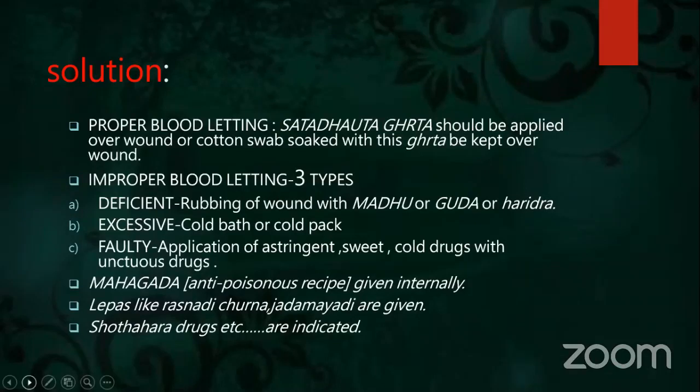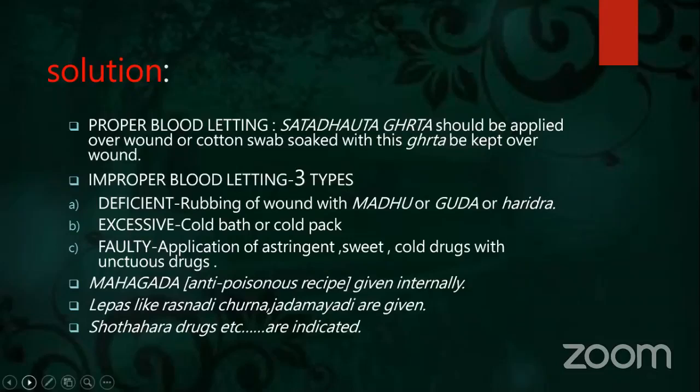After proper bloodletting, one is supposed to apply Shatadauta ghrita over the wound, or a cotton swab soaked with this ghrita is kept over the wound. If there is improper bloodletting, here is what we have to follow. When bloodletting is deficient, we have to rub the wound with madhu, haridra.